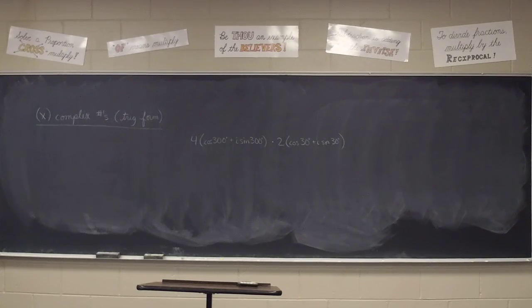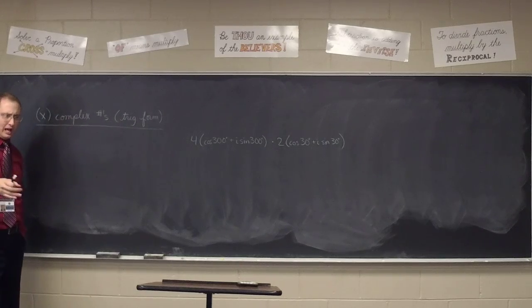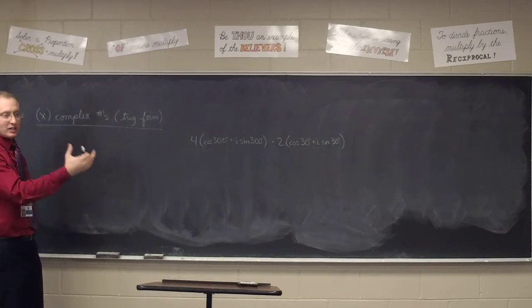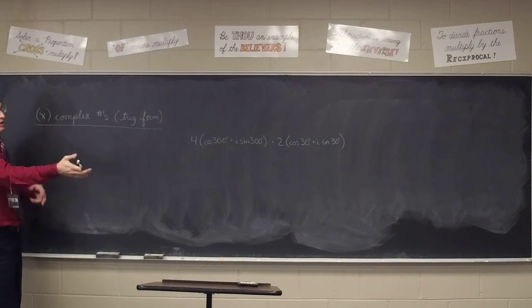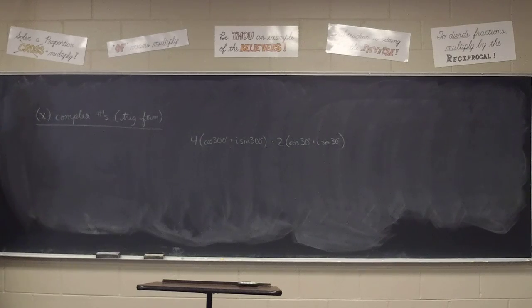You add the reals, add the imaginaries. Super easy. But admittedly, the standard form multiplication with a FOIL, right? First, outer, inner, last, and then you get i squared, which becomes a -1, combining values. It's a little bit more involved to multiply standard form numbers, whereas in the trig form, it becomes increasingly simple.